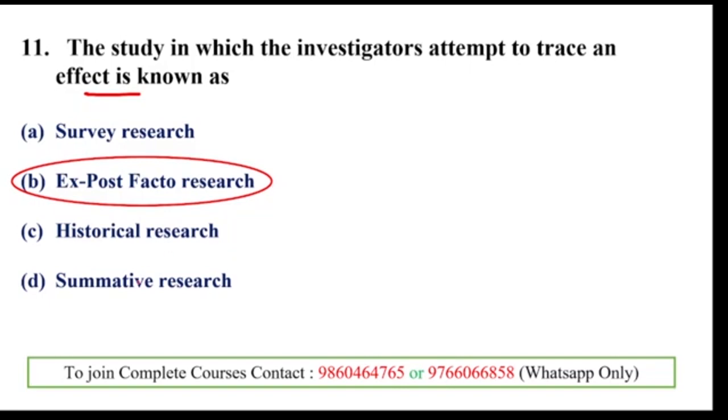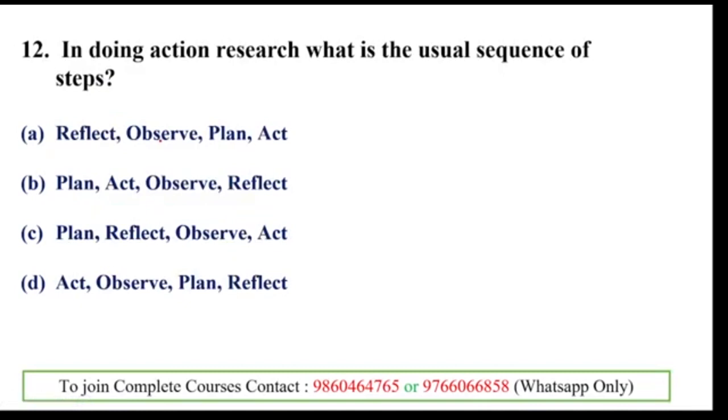Clear? And moving to the 12th question, most important question and repeating question: in doing action research, what is the usual sequence of steps? Action research is a type of research meant for developing any field.